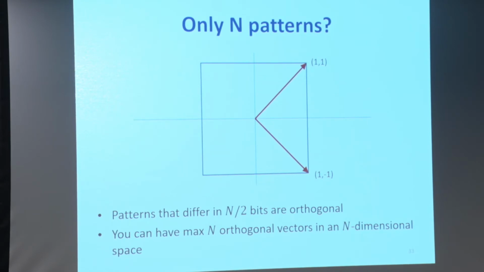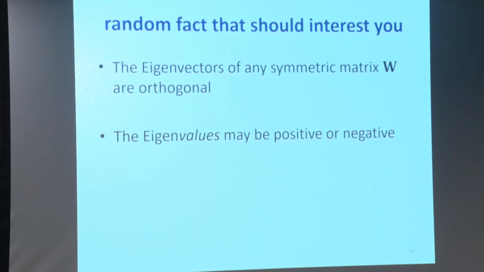How many vectors can I draw that are all orthogonal to one another? N, right? So you can have at most N bit strings which all differ from one another in exactly N minus 2 bits. You can't have more than N, right? Very simple arithmetic, nothing fancy.